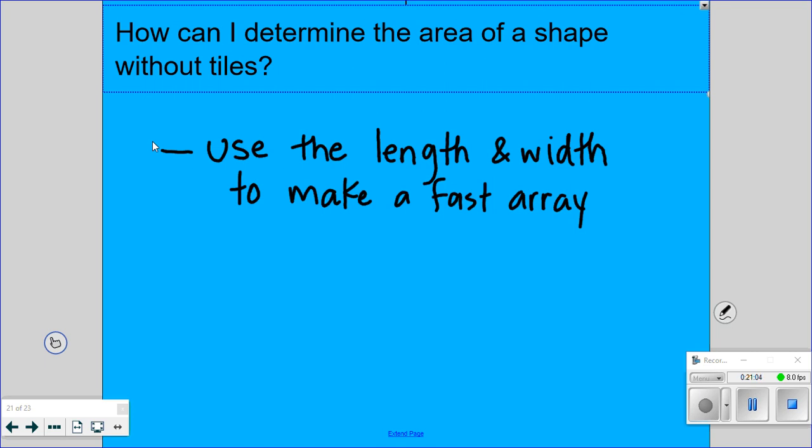We made that fast array using our length and width. With our fast array, we write that. Yes, I'm writing, that means you are writing. Because I've made a fast array, I know that I can skip count or use a shortcut known as multiplication.